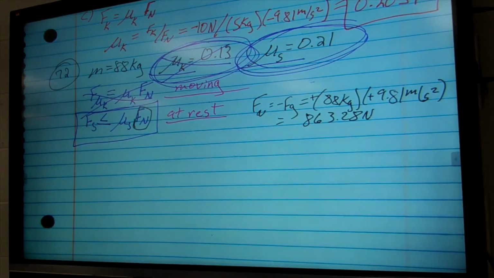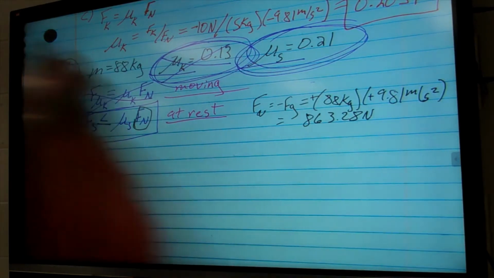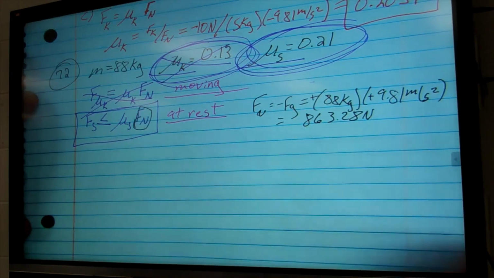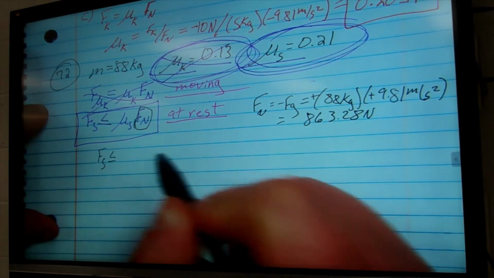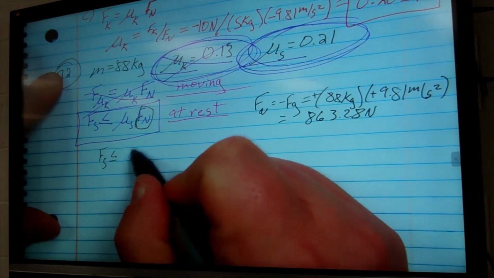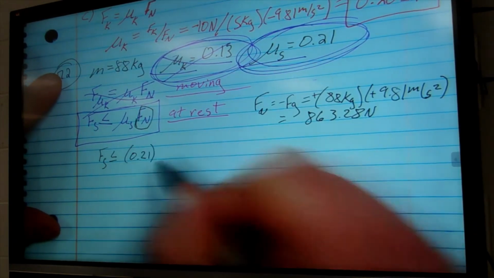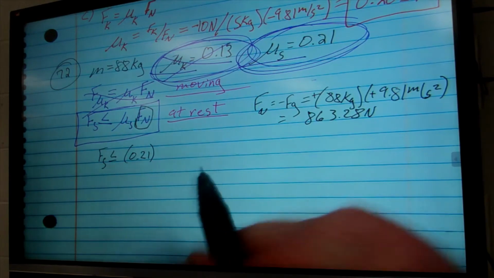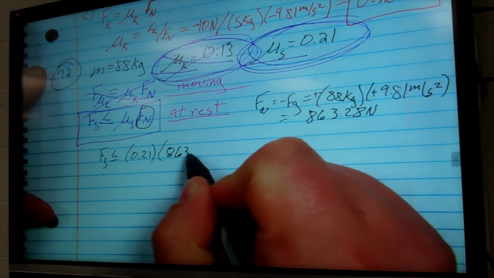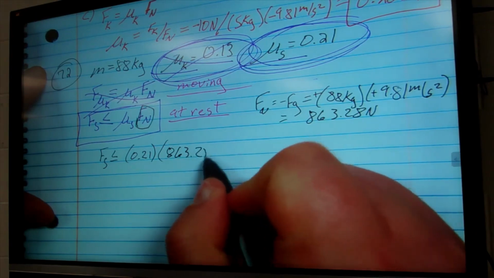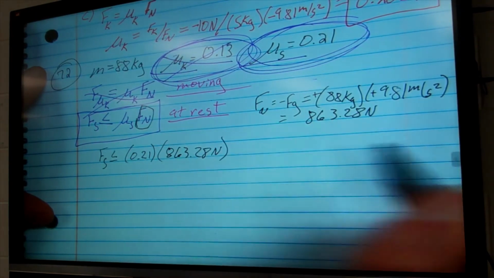Then we multiply that by the coefficient of static friction. We're trying to find the force of static friction, which is less than or equal to the coefficient of static friction, which we have as 0.21. Remember, there are no units on the coefficients. Times 863.28 newtons.